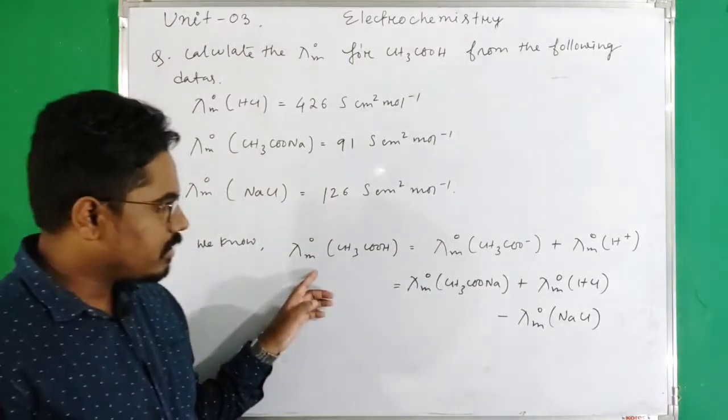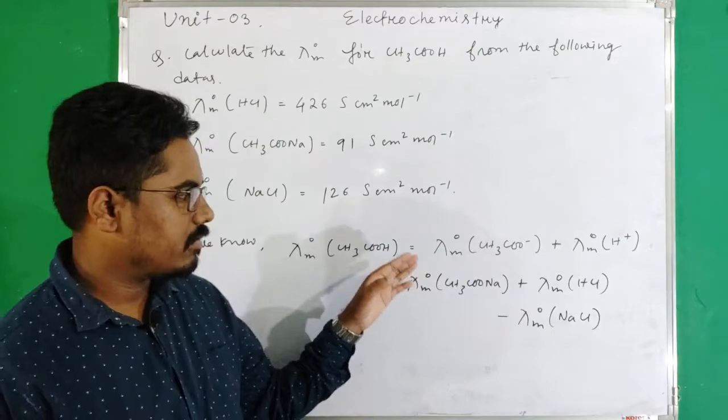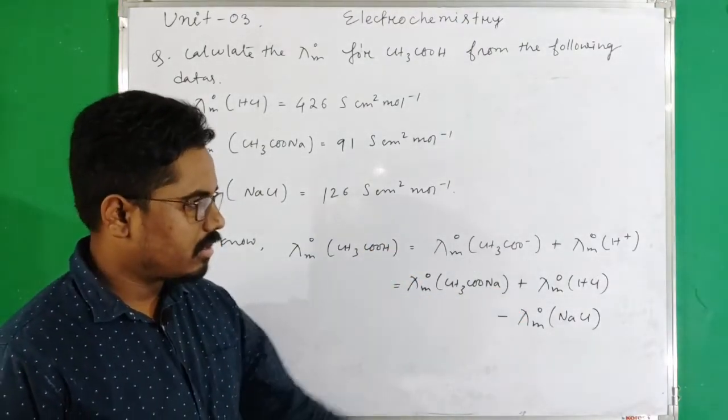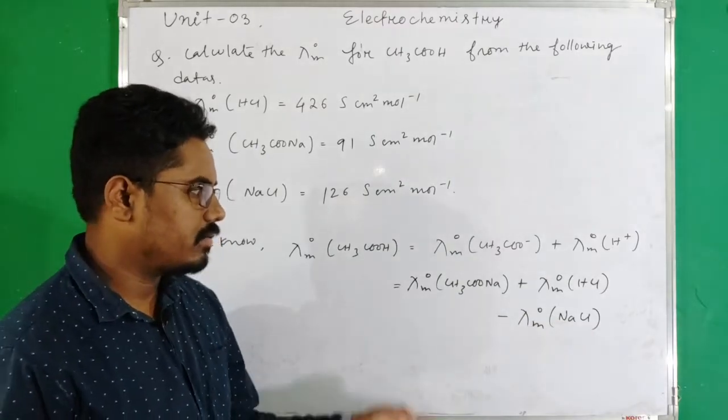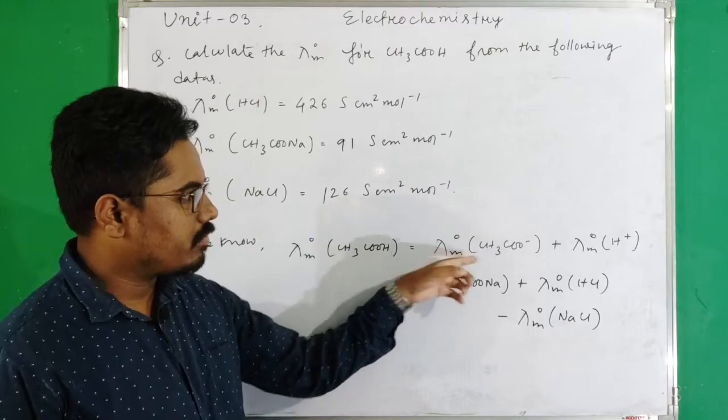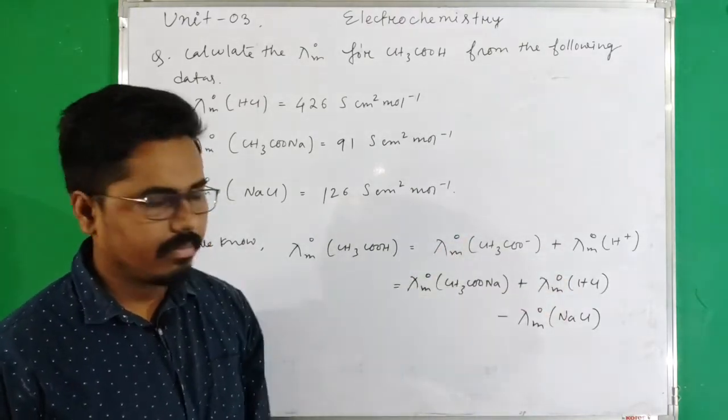Like acetic acid, we can break the limiting molar conductivity of sodium acetate, HCl and sodium chloride, and after cancelling we get only lambda m naught for acetate ion and for H positive ion.